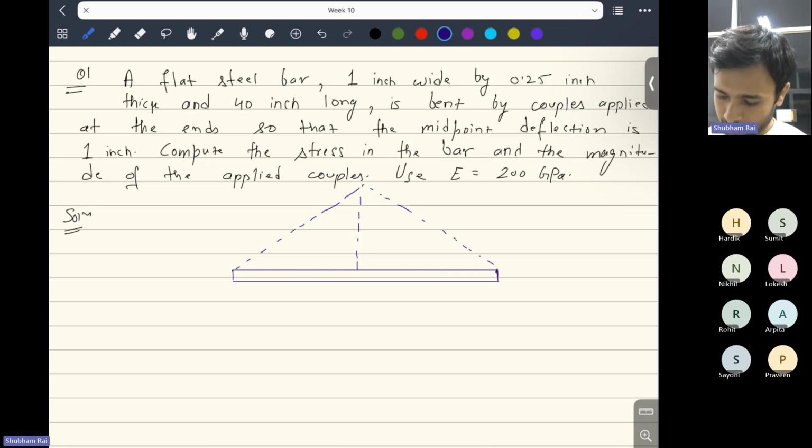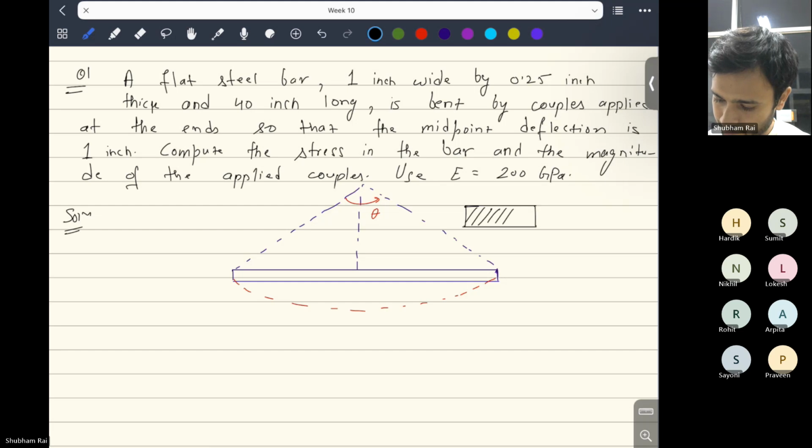After bending, the shape of the bar will be something like this, and this is the total theta that it has covered. And if I draw the cross section of the bar, information about the cross section is given in the question.